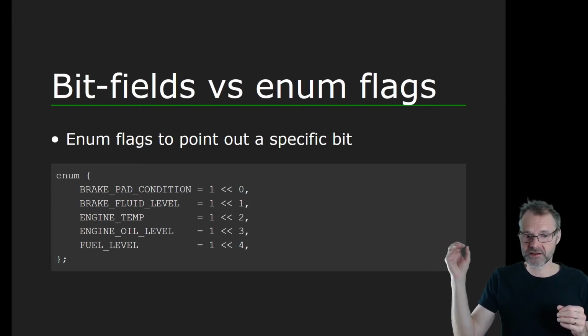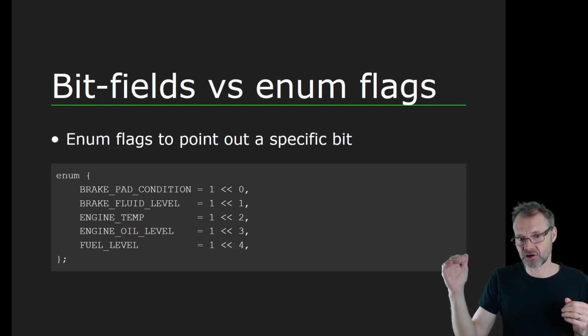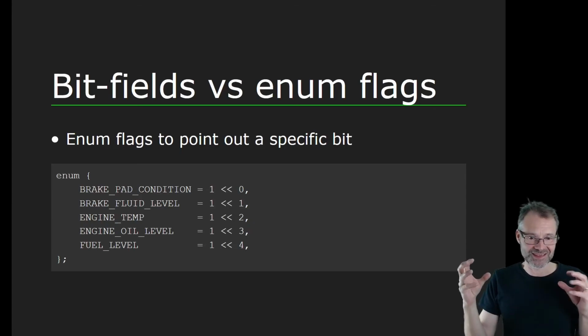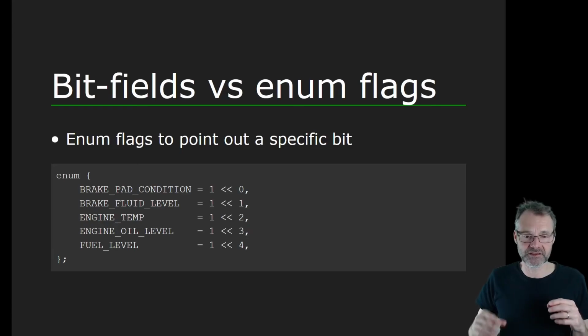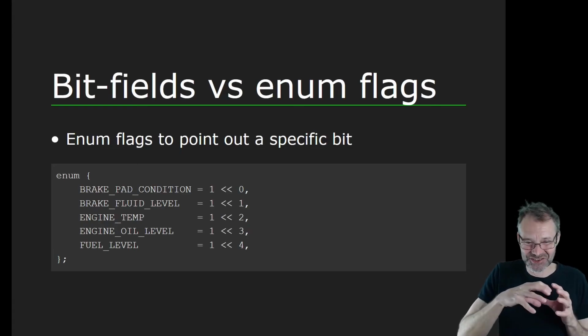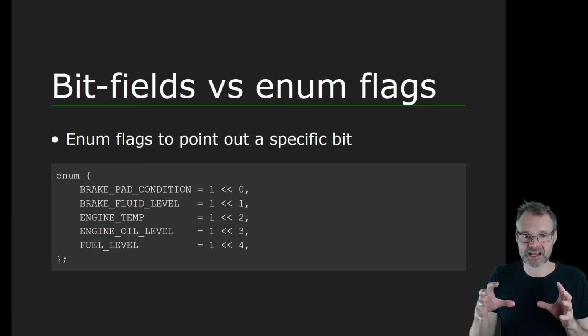I'm going to create an enum that has brake pad condition, brake fluid level, and engine temp, and each of these is 1 bit large. This is one common way of working with bits, where you show what the bits actually look like. We call this enum flags.